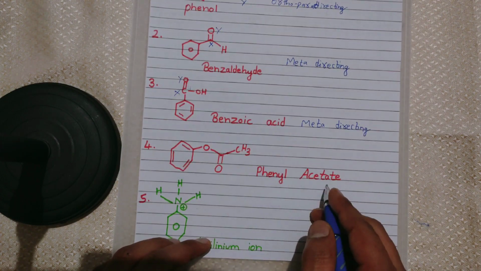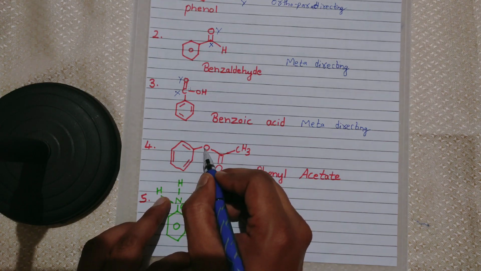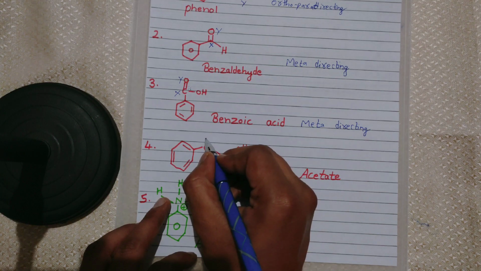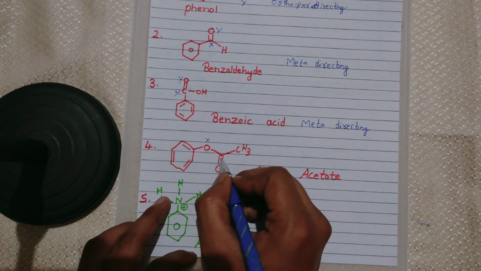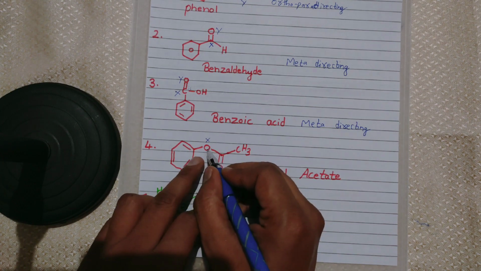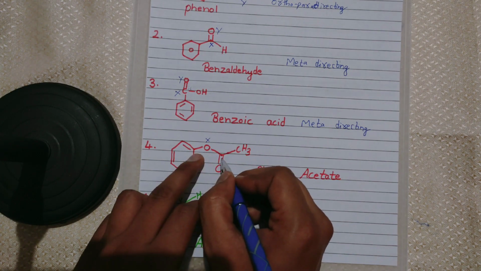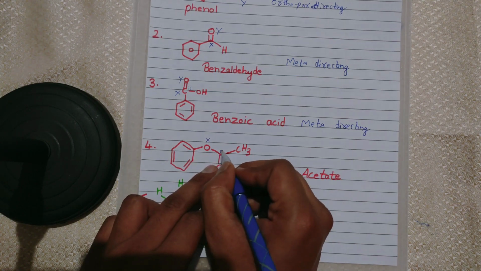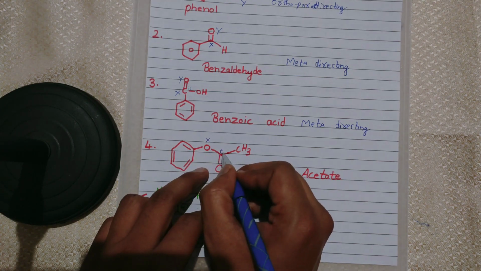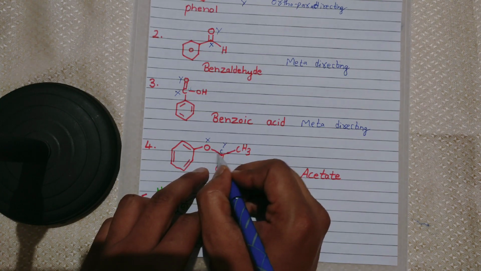We have phenyl acetate. For benzene, which atom is directly connected? Oxygen, so we will name it as X. Now to oxygen, carbon is connected. Don't consider the other oxygen because it has a double bond; first we come across this carbon, and this carbon will be your Y. Now between X and Y, what is the nature of the bond?